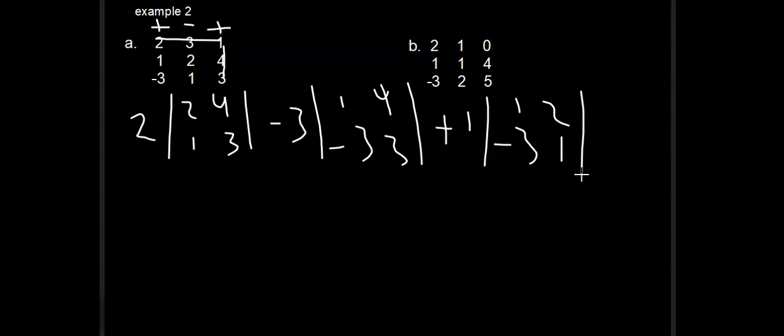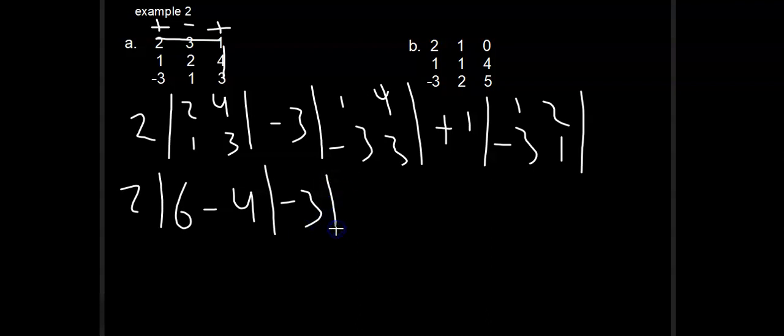When I solve this, it will be 2 times, following the previous procedure, 2 times 3 is 6, minus 4 times 1 is 4. Then negative 3 times 1 times 3 is 3, minus 3 times 4, or negative 3 times 4, is negative 12.